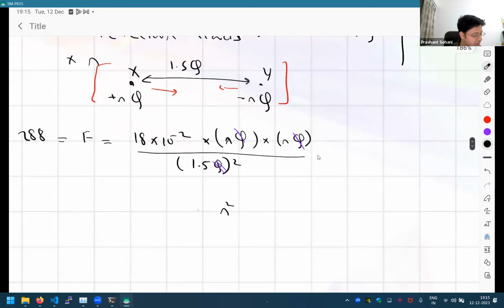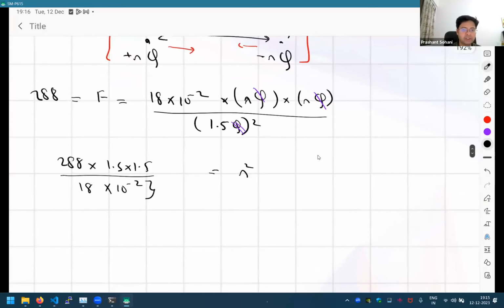So I'll just quickly write the steps. I'll keep n square on this side and take everything else to that side. So I'll get 288 into 1.5 square, and in the denominator I'll get 18 into 10 raised to minus 2. The 10 raised to minus 2 in the denominator can be taken to the numerator and converted to 10 raised to 2, that is 100, right? So this is nothing but 288 into 2.25 into 18.